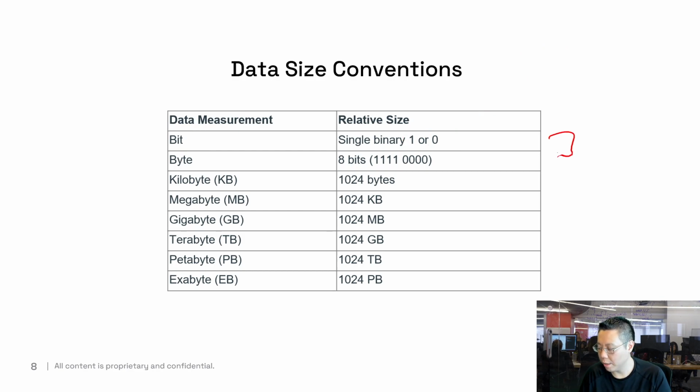Now, because bits are the smallest way to represent data, 8 bits form a byte. So if you put ones and zeros together in a continuous row of 4 and 4, or 8 together, any combination of 1s and 0s, you have 8 bits, and that is 1 byte of data.